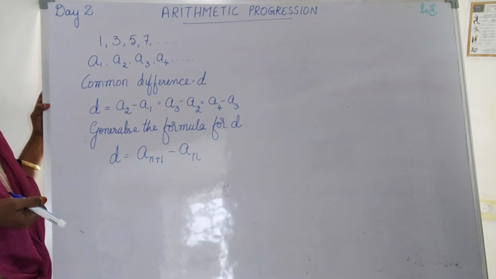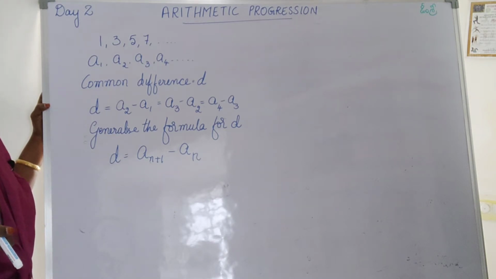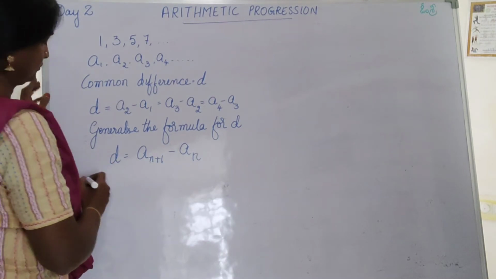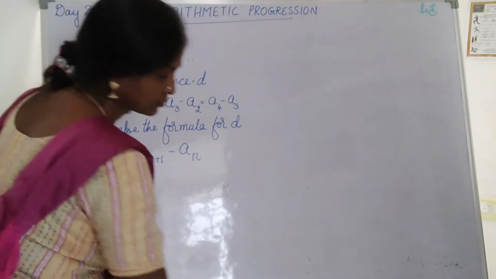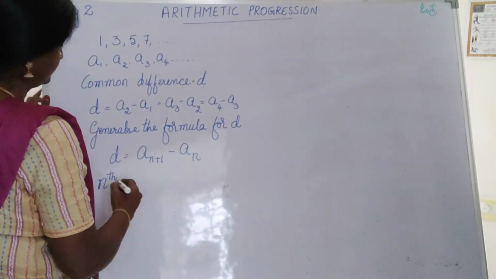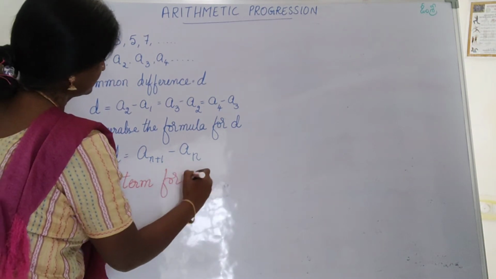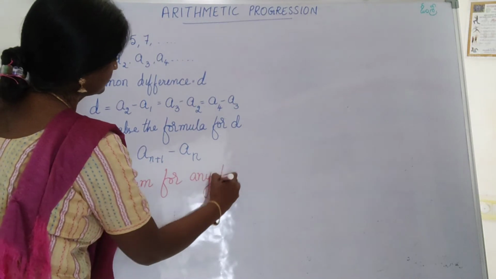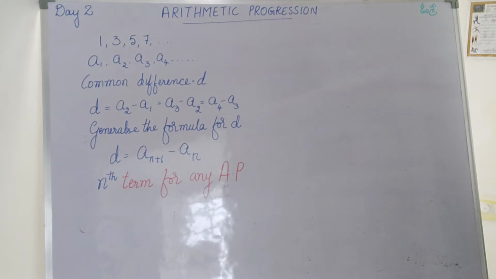Now to find the nth term of an arithmetic progression. So let's see how do we find the nth term for any arithmetic progression. First let us compare the terms.